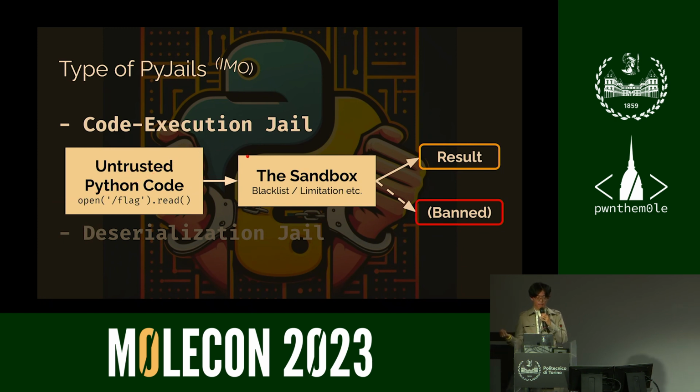The user can provide a piece of Python code and throw it into the sandbox, and the sandbox might hook some behavior, or do some blacklist or some other limitation. Then there will be a result, or the code just gets banned.